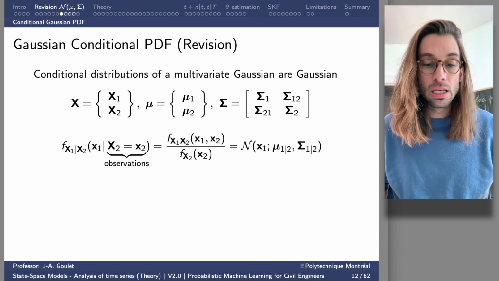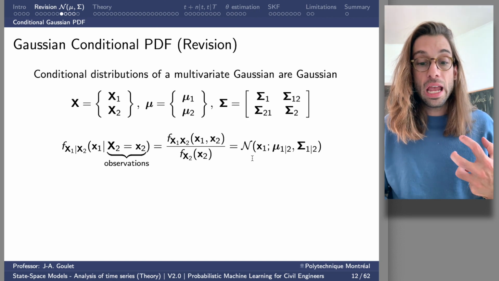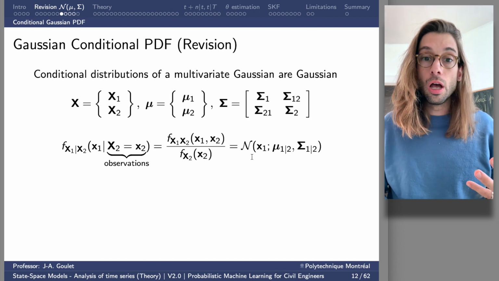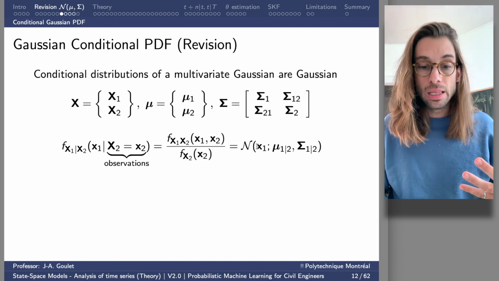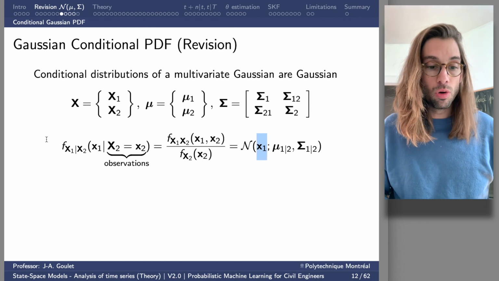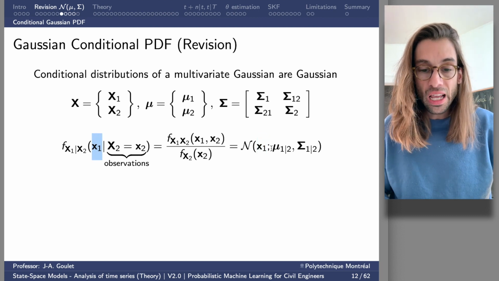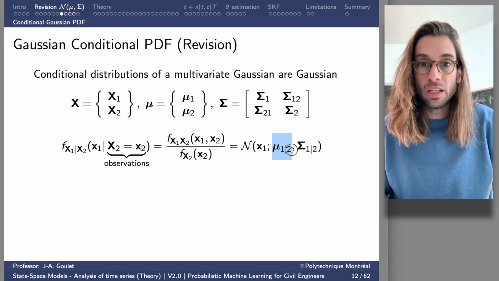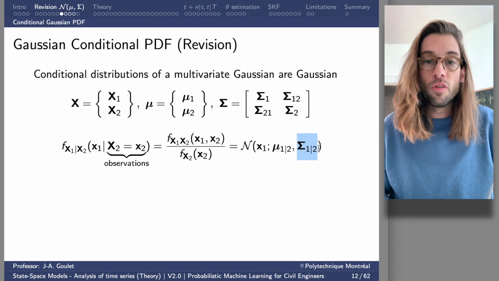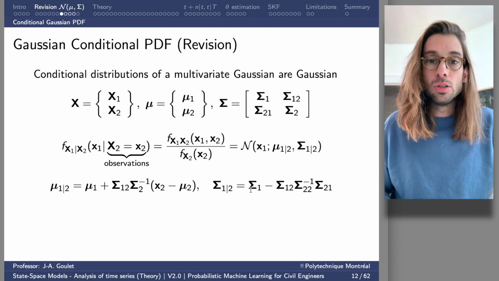If we do that exercise, we're going to obtain a normal PDF form. That normal PDF form is going to be defined for x1. What is on the left of my condition is going to be defined by an expected vector and a covariance, and these two quantities are defined by these two formulations.